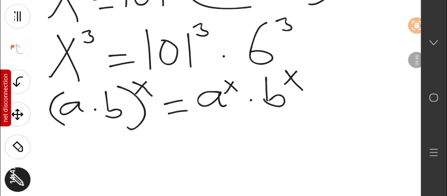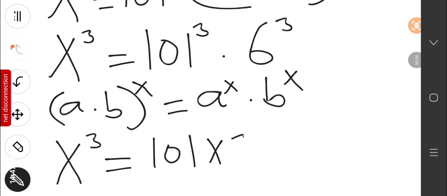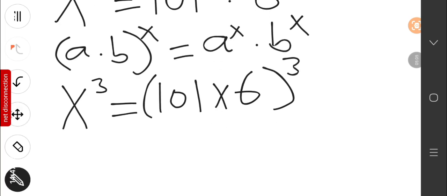So you're going to apply this concept to the right part of our equation. So you're going to have s exponent 3 equals (101 times 6) all in a bracket cubed.